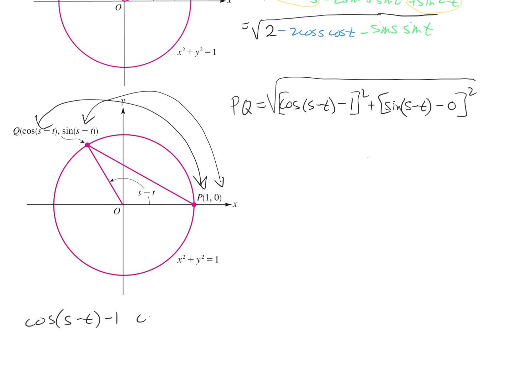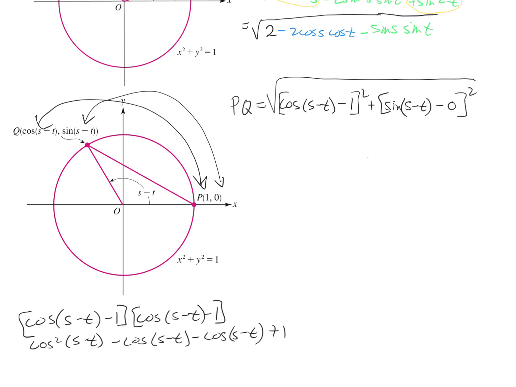I'll put brackets here, and I'm just going to be multiplying these. So that's cosine squared of s minus t, minus cosine of s minus t, minus another cosine of s minus t, and then plus 1, because negative 1 times negative 1 is positive 1. So I just FOILed the whole thing.